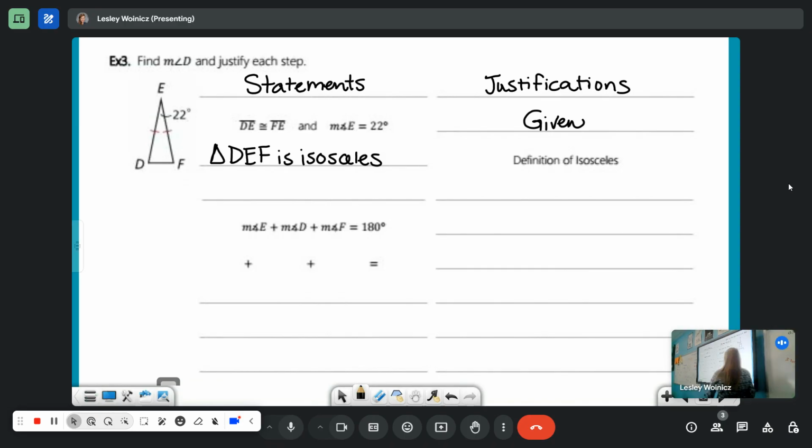Base angles theorem, what does it say? Someone said what? She was just looking ahead. So the question is, if I know that triangle DEF is isosceles, what can I say about this angle and this angle? Okay, we're going to forget I did that. We're just going to draw it like this instead.